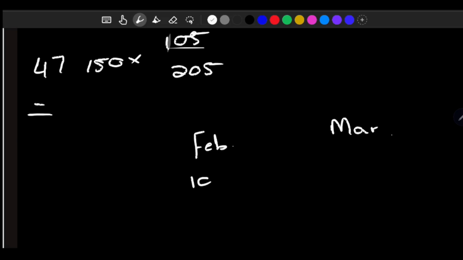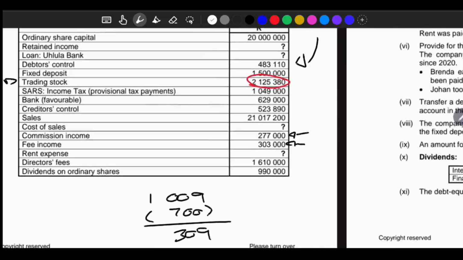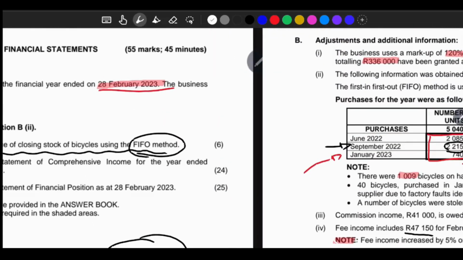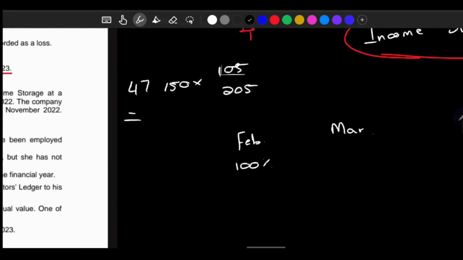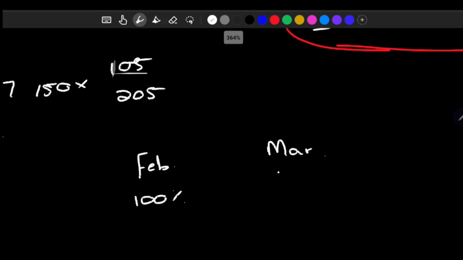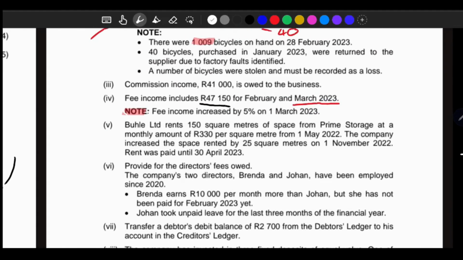February's amount was 100%. It was the same amount that we've been getting since March 2022, right? And that's what all these payments here for fee income was. It was the same each time at 100%. But for March, it was 100 plus 5% that they tell us here, right? 5% increase, right?